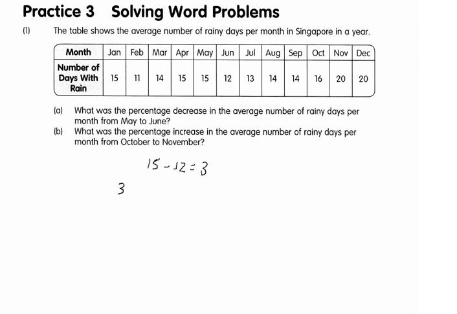Make up your mind, 3 over 15 or 3 over 12? Or is it 3 over 27? 15 plus 12 lah. So tell me, multiply by what, Xuan Wei? Equals to how many percent, Xuan Wei? Without using a calculator, tell me the answer now.